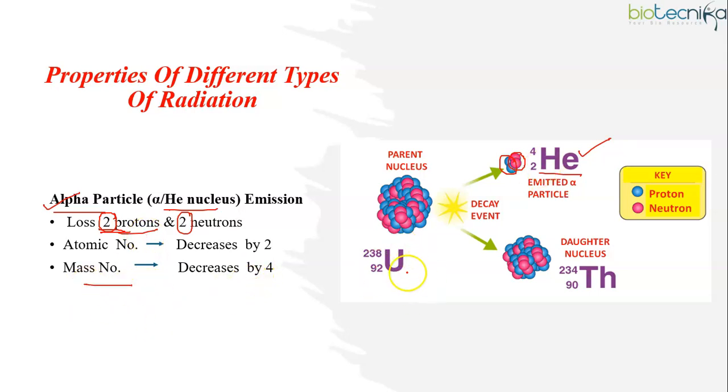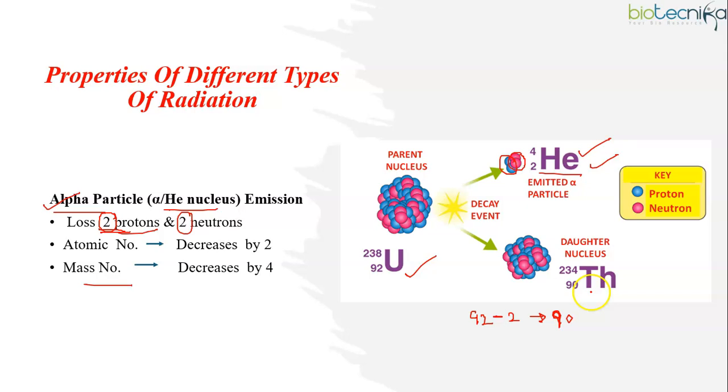As shown over here, the example is of uranium-238. Here the protons are indicated with blue balls and neutrons are indicated with the pink ones. When the alpha particle is emitted, you can see that there is a loss of 2 protons. So from uranium, if 2 protons are emitted, that means there is a decrease in atomic number by 2 of the daughter nucleus.